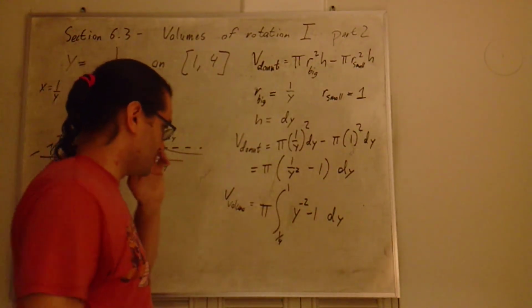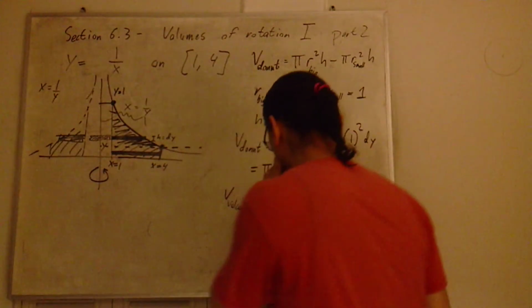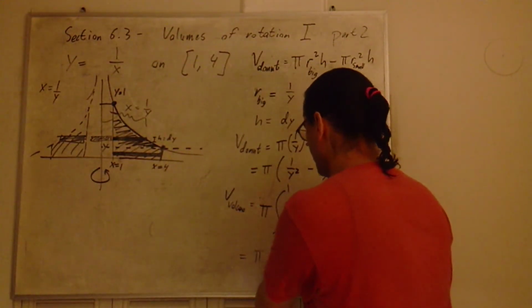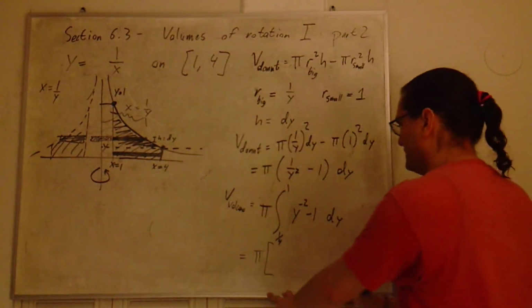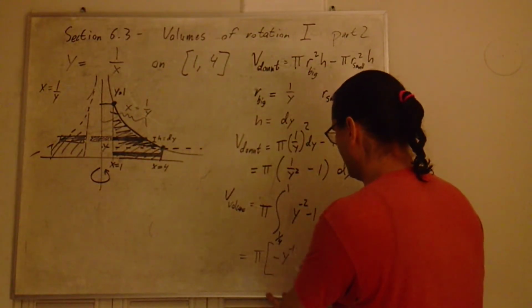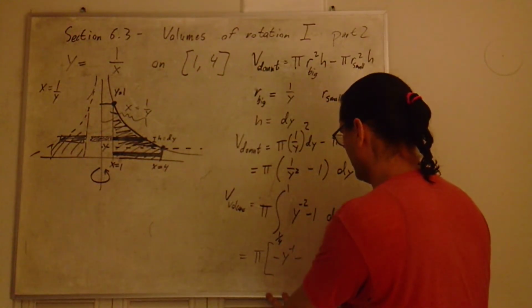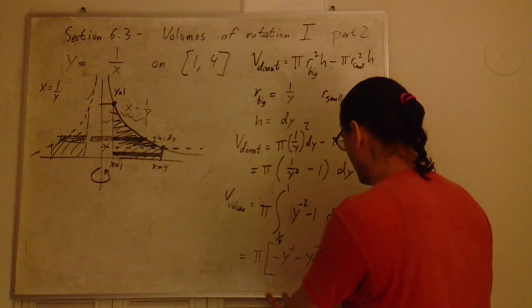So I'm going to finish this integral. Pi is a coefficient that can hang out. The integral of y to the negative 2 is negative y to the negative 1. The integral of negative 1 is negative y. And I'm going from 1/4 to 1.